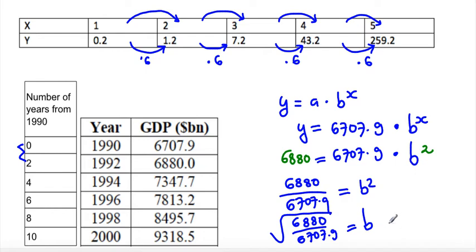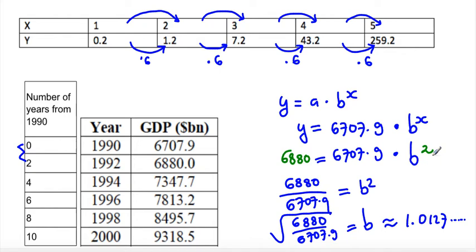You can try that in your own calculator, and you will get approximately 1.0127 and so on. If you round it to 3 decimal places, that will be 1.013.